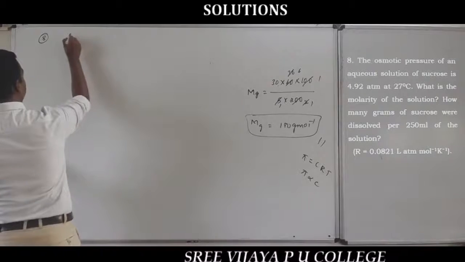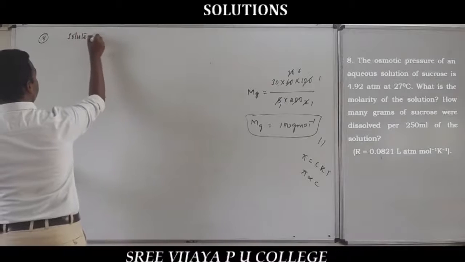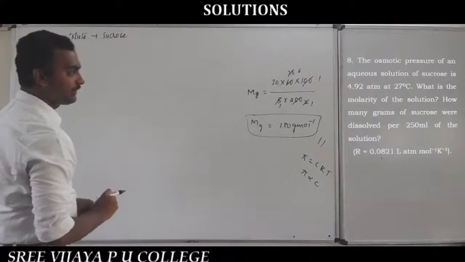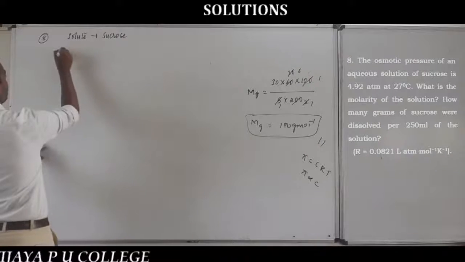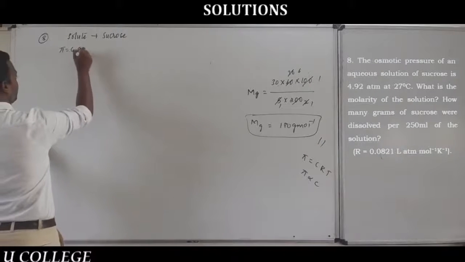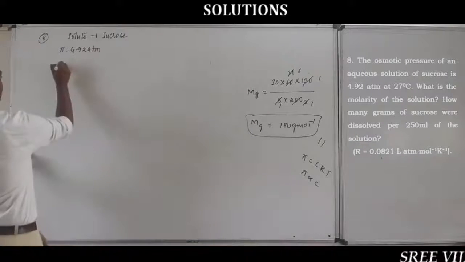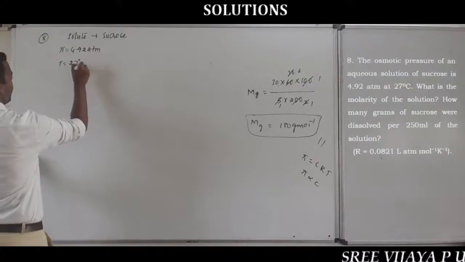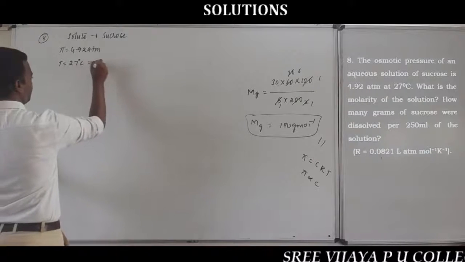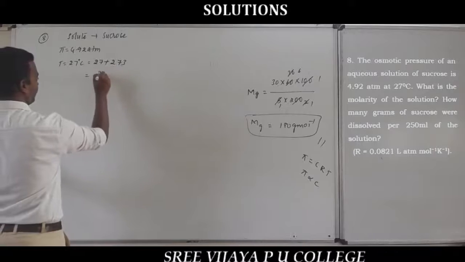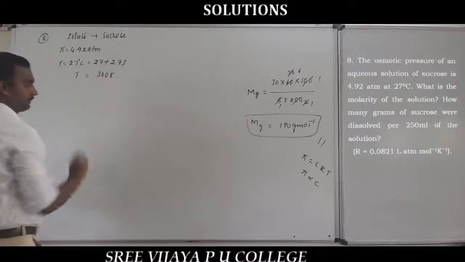Here the solute is sucrose. For the sucrose solution, the osmotic pressure given is pi equal to 4.92 atmosphere. What is the temperature? T is equal to 27 degrees Celsius, that is 27 plus 273, that is 300 Kelvin as the temperature.